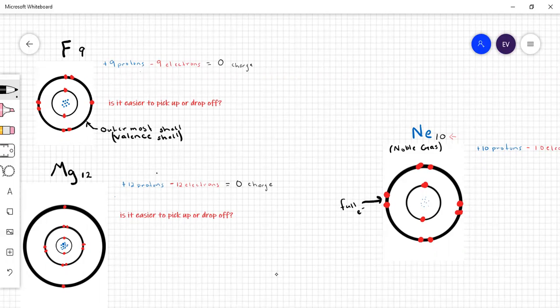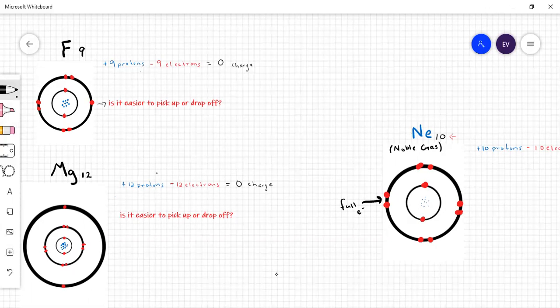So you ask yourself this question: based on where you are with your Bohr model and in your valence shell, would it be easier for fluorine to pick up 1 electron, to have a full shell like neon, or would it be easier to drop 7 electrons, to have a full inner shell? So those are the 2 questions of the day. Those are the things that we need to ask ourselves.